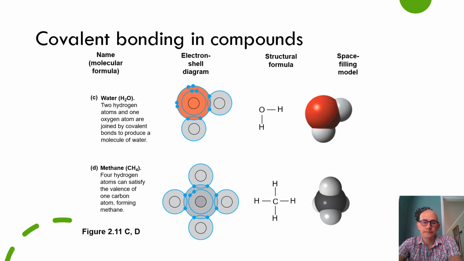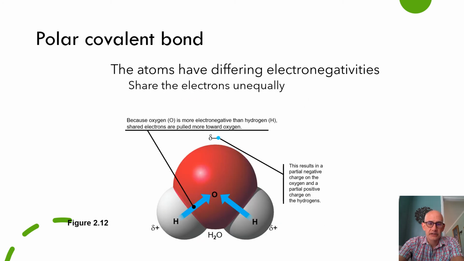Whereas water, the way that water operates, the oxygen is the electron hog. It has a higher electronegativity. That is simply how much it wants to gain the electrons. So because oxygen has an electronegativity of, I want to say 3.5, and hydrogen has an electronegativity of, I think, 2, it causes the electrons to be drawn towards the oxygen at a higher rate.